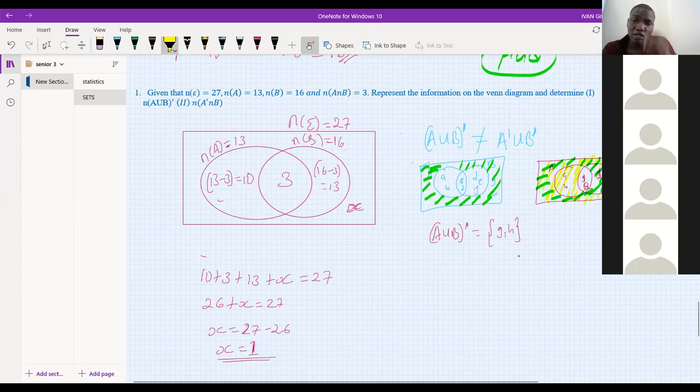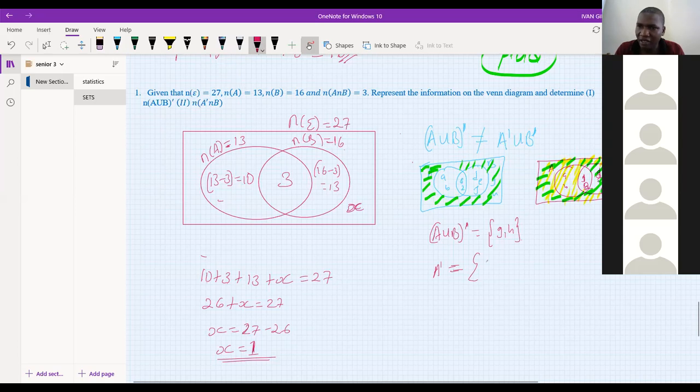Like this. So you tell me the elements. What are the elements of A complement, from what we shaded here? Elements of A complement will be... 1?